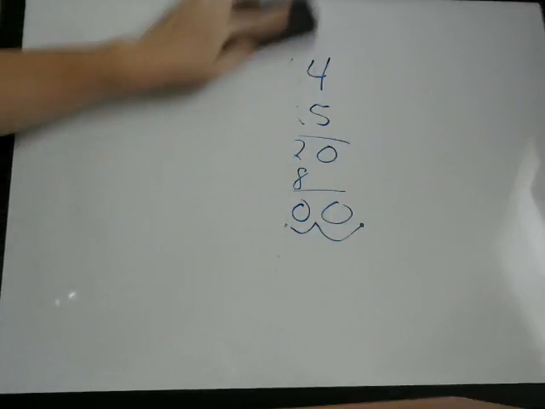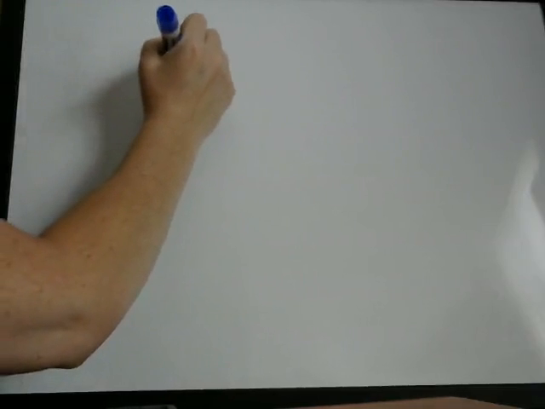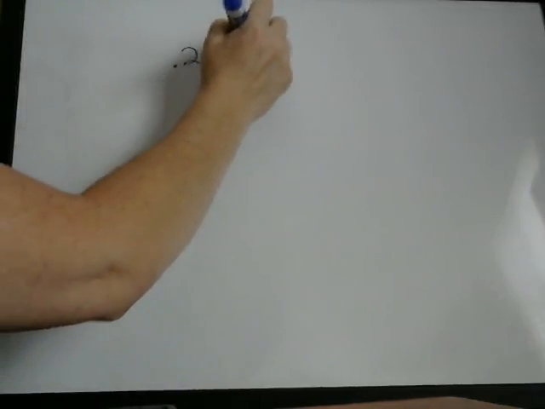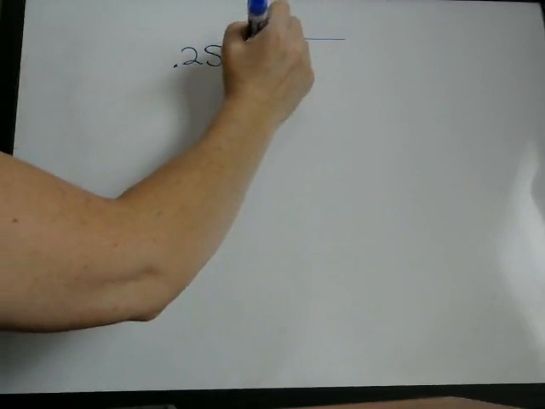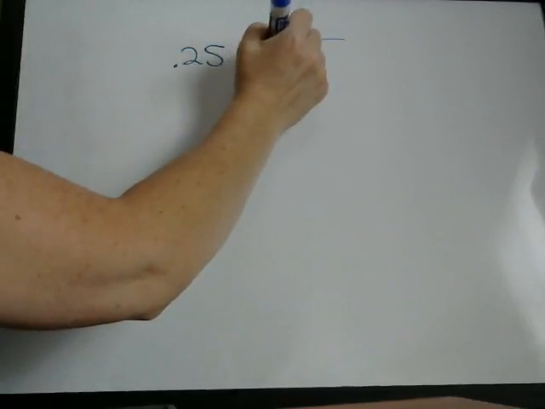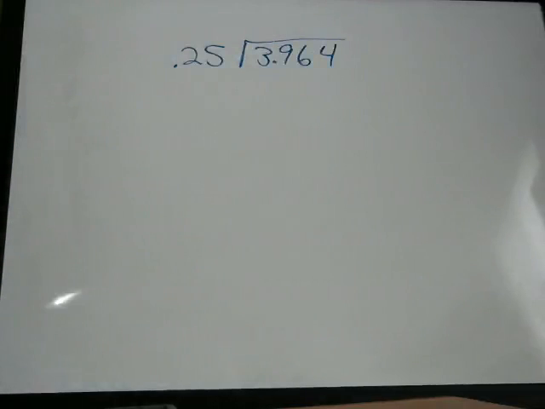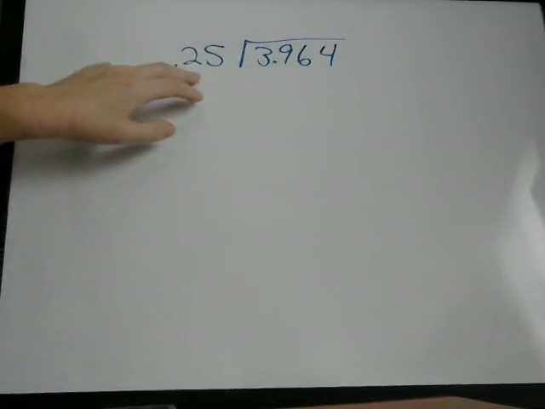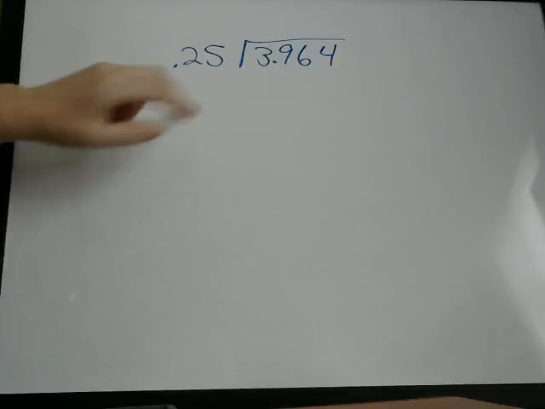When we're dividing decimals using long division, and again there's a video on long division as well, let's say we're doing 0.25 into 3.964, which is 3.964 divided by 0.25. Well, when we're doing long division, we can't have a decimal out here. We can't divide by a decimal.